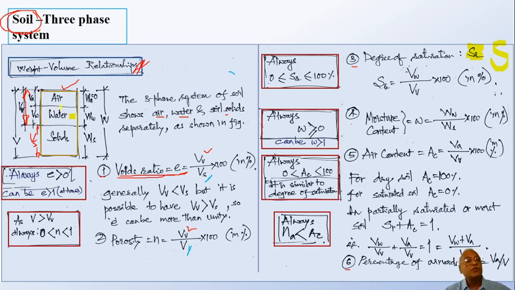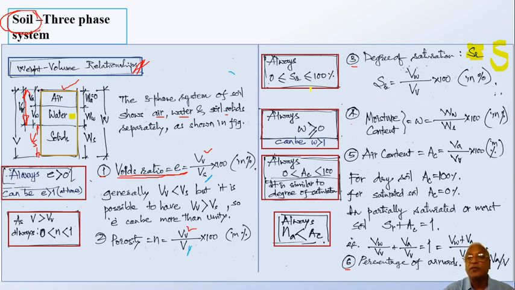Now this gives you the percentage coverage of voids by water. How much of the voids is covered by water? That is nothing but degree of saturation. If all the voids are fully filled up with water, then SR is equal to 1 or 100%. If there is absolutely no water, then 0 divided by volume of voids, and in that case it will be dry.